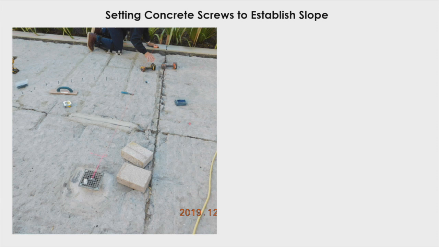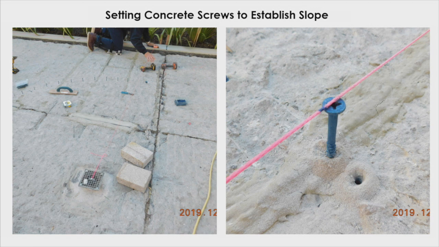And these screws, we were using them to establish the slope, to make sure we had a precise slope with very little variance, because in some cases we just didn't have the 1/4 inch per foot that we wanted. Plus, it was helping being more productive, because our guy could go ahead and establish the slope and then have guys behind it coming in and doing the screeds. And they could do it a lot faster.